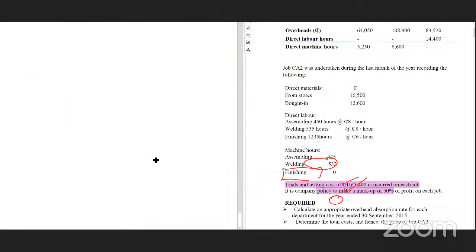It's question time before we now move from traditional costing to activity-based costing. Yes, question time. Please ask your questions and let's move. We don't have time at all.